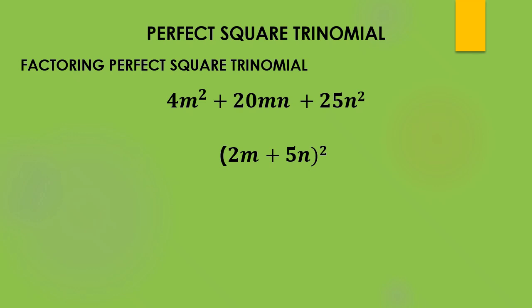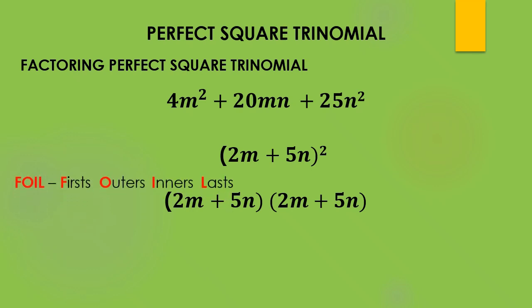Now let's check if this is correct by using the FOIL technique. So multiply the square of 2m plus 5n, multiply 2m plus 5n by itself, 2m plus 5n times another 2m plus 5n. So we have two binomials.